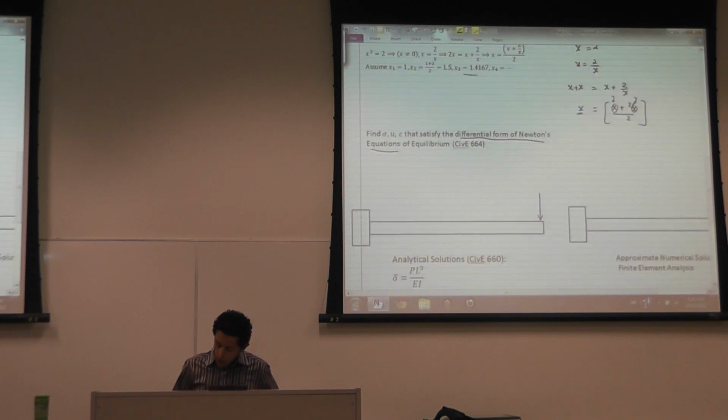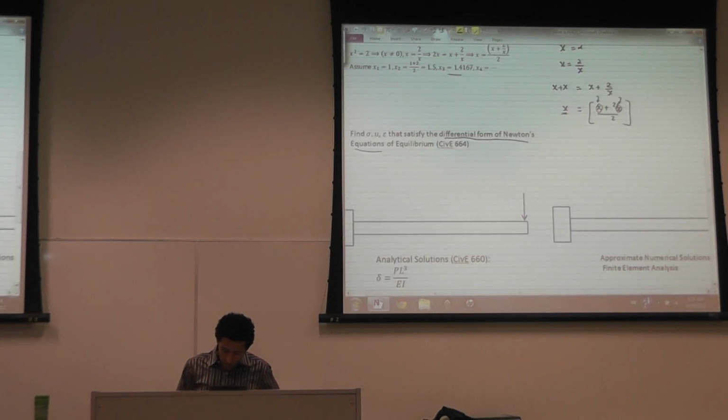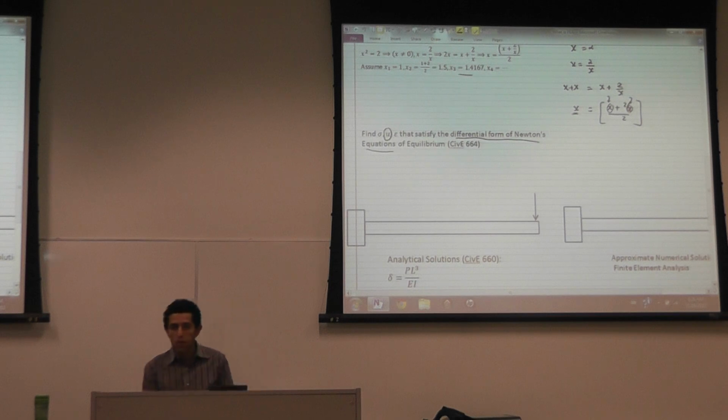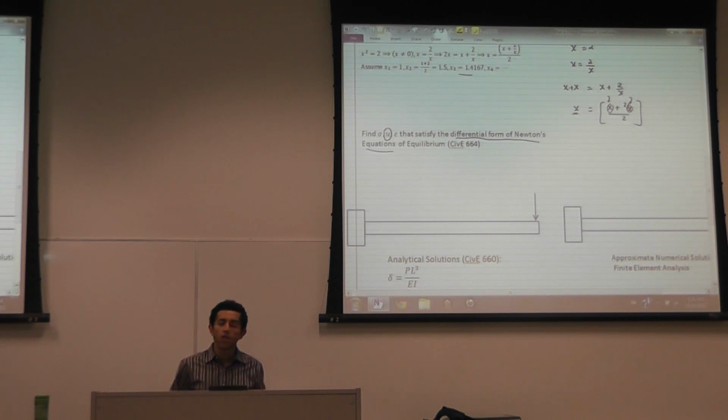And usually the unknown is the displacement of the structure, and from that displacement I can find the strain, and from the strain I can find the stress, because the strain is the gradient of the displacement, and the stress is related to the strain using whatever constitutive law you're using.